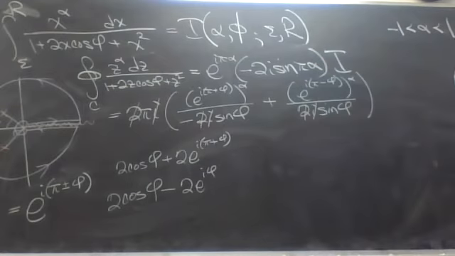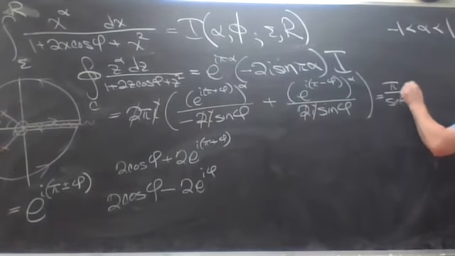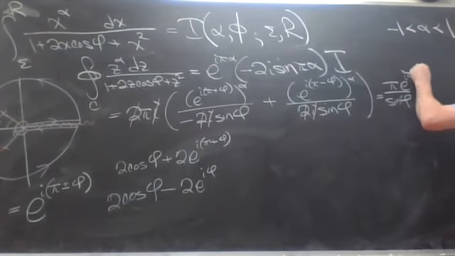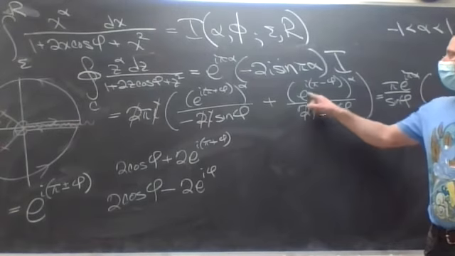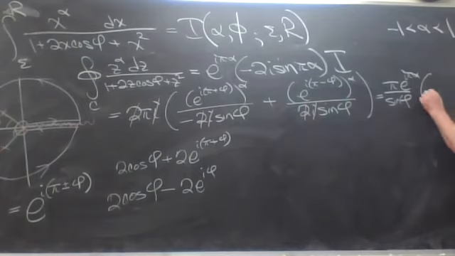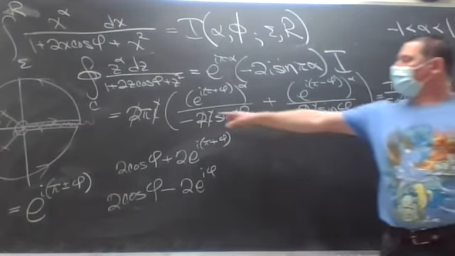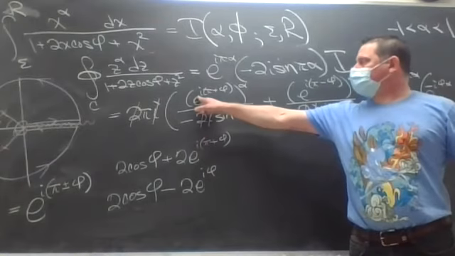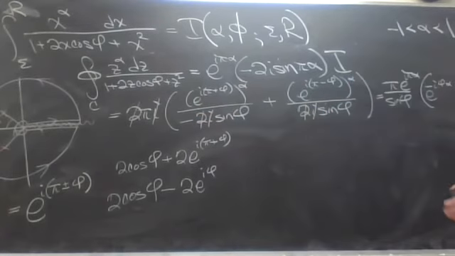And we'll have pi over sine phi, e to the i pi alpha, and then let's see what's left up in here. E to the minus i phi alpha minus e to the plus i phi alpha.